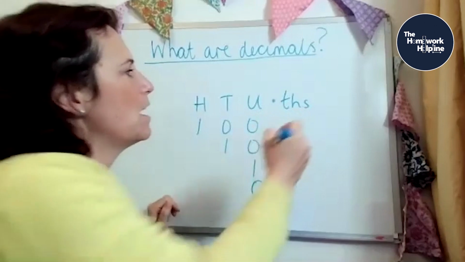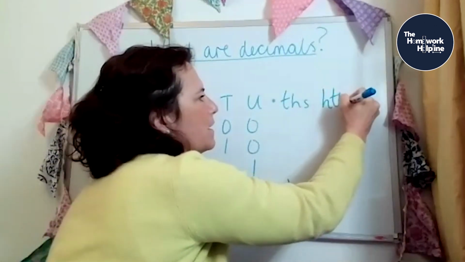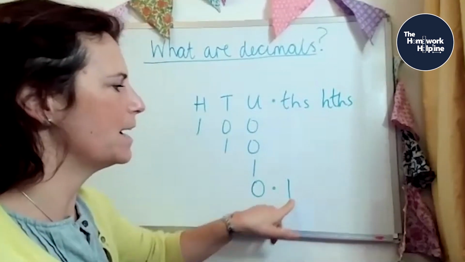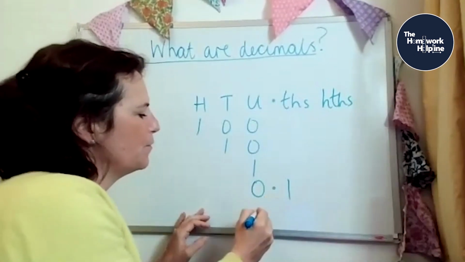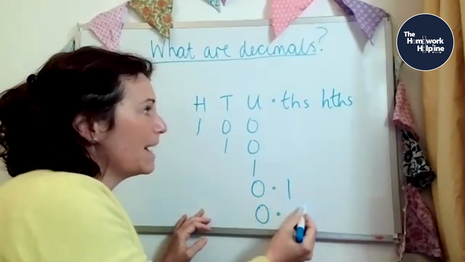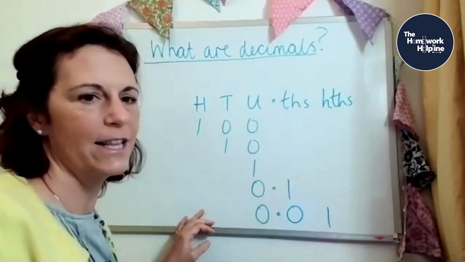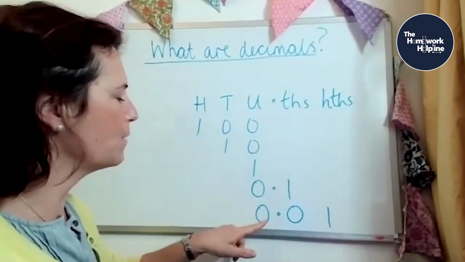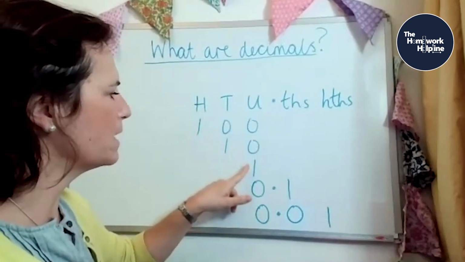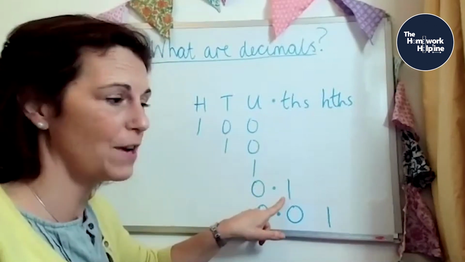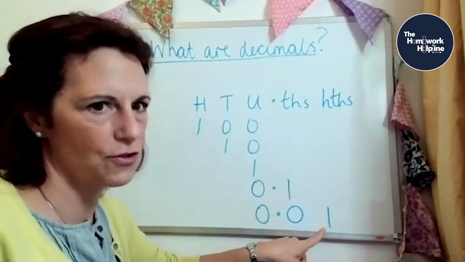Now, to find our hundredths, which we put over here, we're going to divide tenths by 10. So we move 0 point, and I have to fill up the tenths column with a 0 and write the 1 in the hundredths column. So now we have divide by 10, divide by 10. 1 divided by 10 is a tenth, and a tenth divided by 10 is a hundredth.